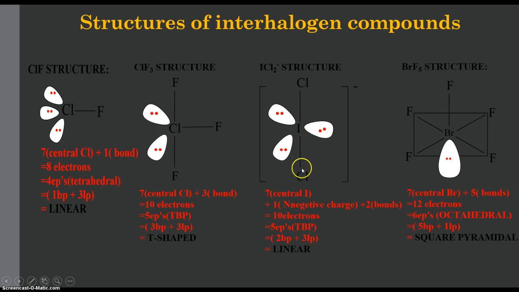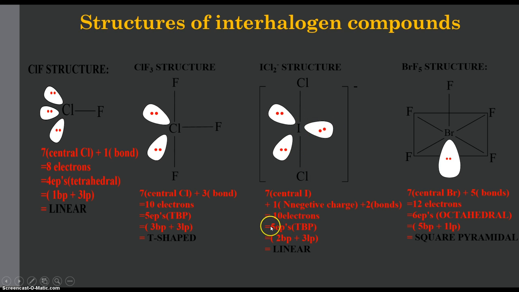It is making 2 covalent bonds, so plus 2 electrons for the making of two bonds and plus one electron for this negative charge. Okay, so total 10 electrons are there for this compound. So 10 electrons means 5 electron pairs. So 5 electron pairs means the structure should have been trigonal bipyramidal structure.